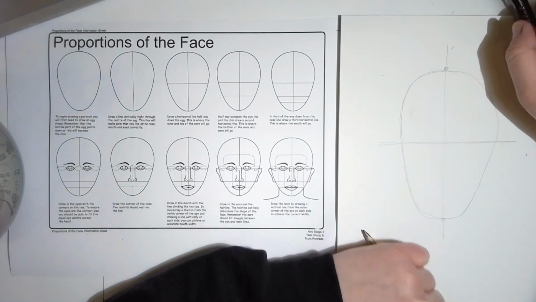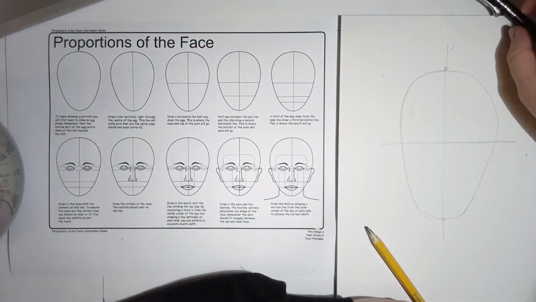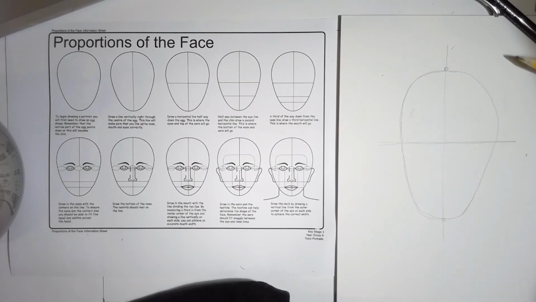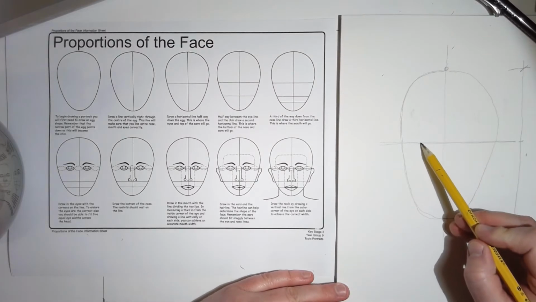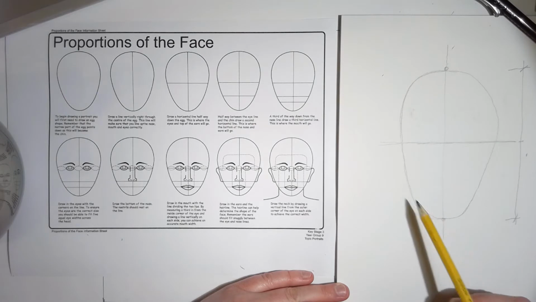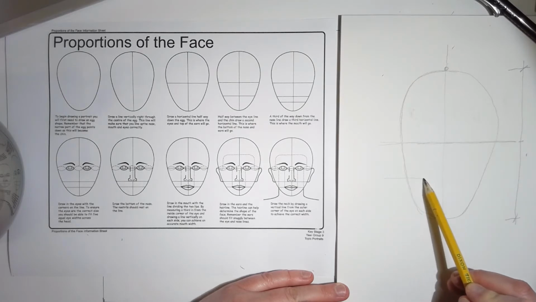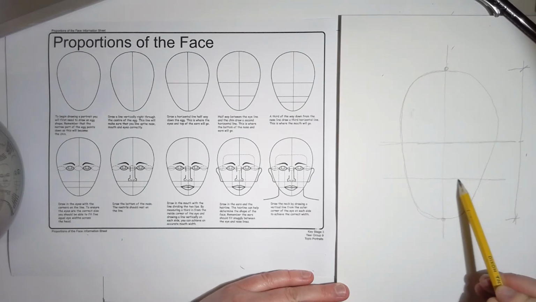Pretty cool, huh? Now let's locate the tip of the nose. Even cooler. So I'm going to mark these as equal here. So we've got that ratio. Now the nose. We're going to look at where we drew this line at the bottom of the chin. We're going to divide that line in half perfectly.